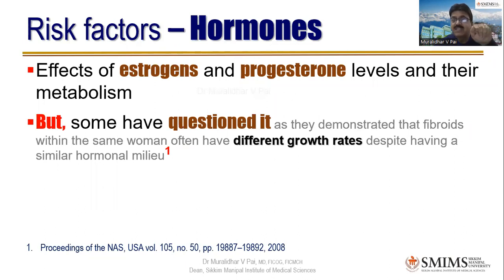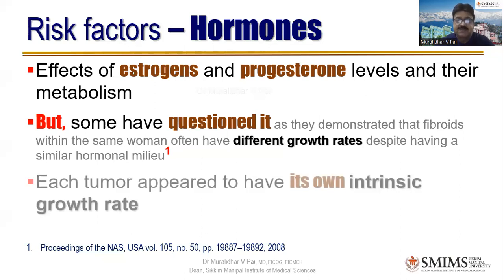But what this particular sentence says is that in spite of having the same hyperestrogenic state, the growth rate is different in a given woman. So is it only hormones, estrogen or progesterone, or is there something else? That is why it is being questioned.